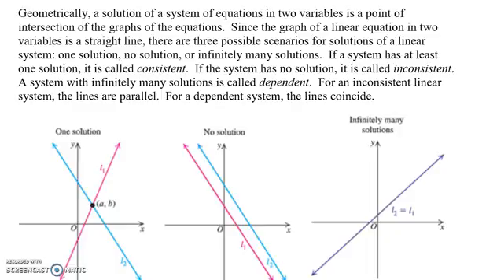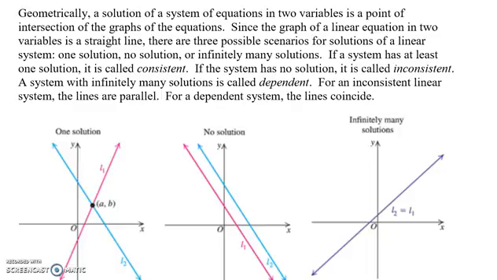It helps very much to have a geometrical understanding of the solution of a system of equations. So geometrically, a solution of a system of equations in two variables is a point of intersection of the graphs of the equations.